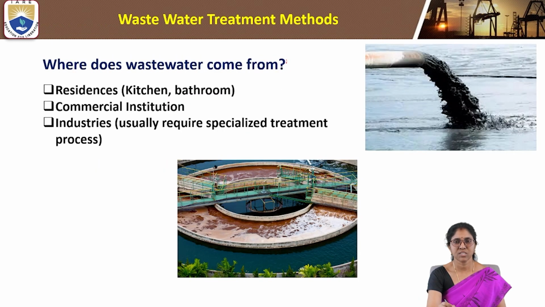So where does wastewater come from? What are the sources of wastewater? The sources are residential wastewater, that is from kitchen and bathroom, and also commercial institutions and various industries, like the pharmaceutical industry, paper industry, and food industry.